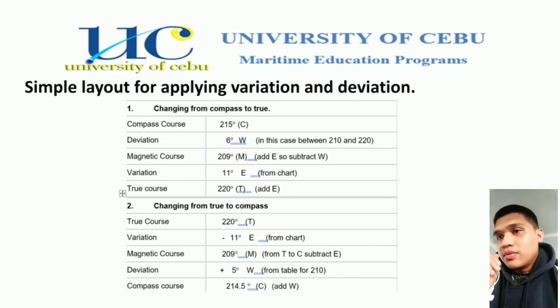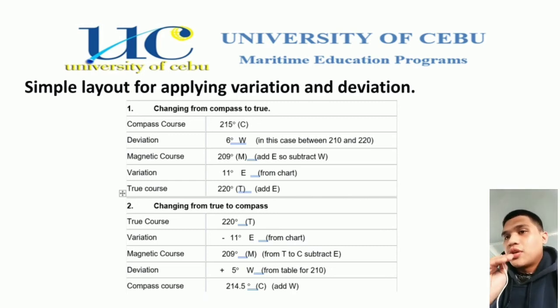So number 2 is changing from true to compass. Our true course is 220 degrees true, and our variation is 11 degrees east. It is from the chart. And also our magnetic course is 209, because we subtract the variation from the true course.